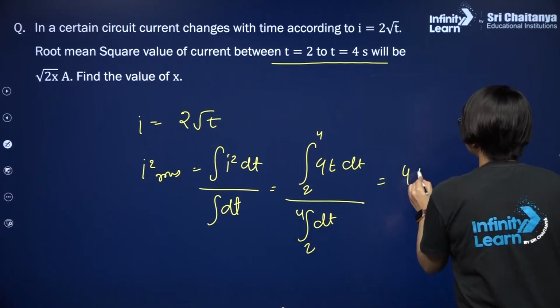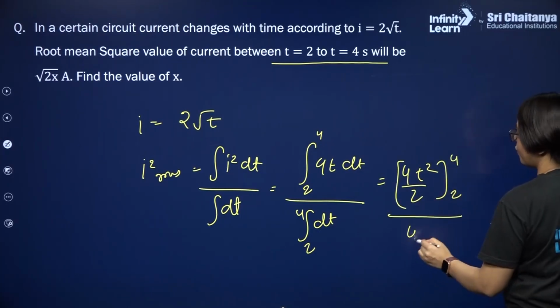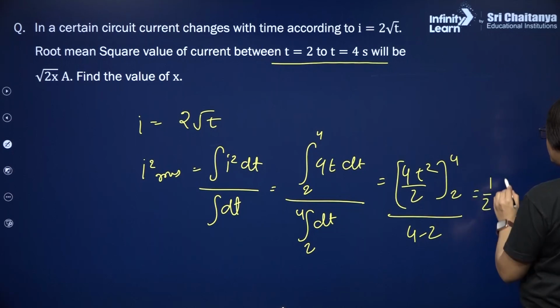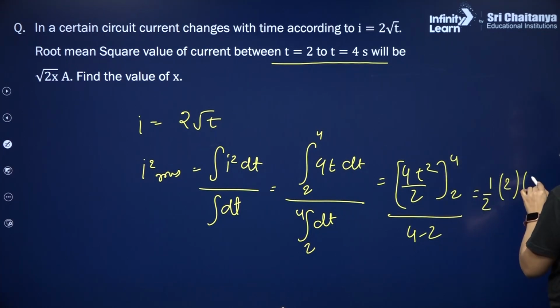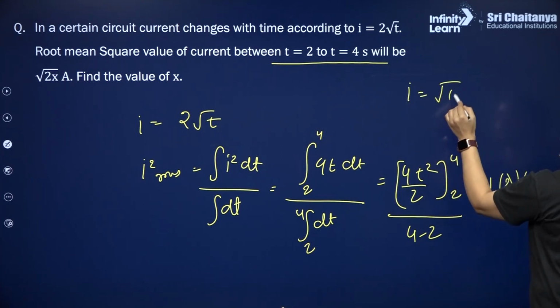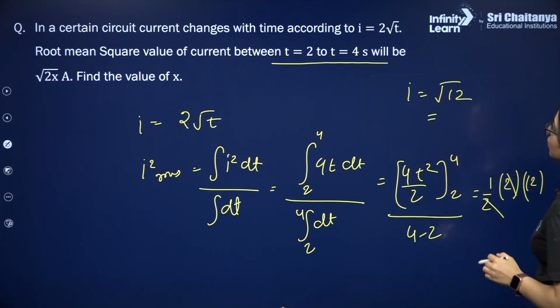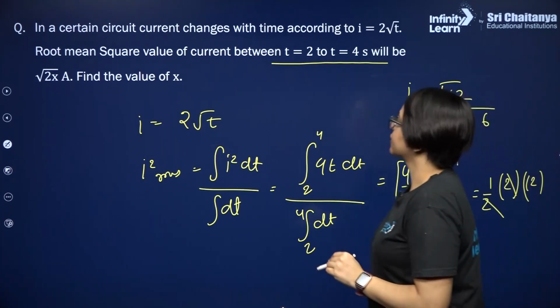So this is 4t square by 2 from 2 to 4, divided by 4 minus 2, that is 1 upon 2 into 2t square, 16 minus 4, that is 12, right. So I square RMS is 12. So I RMS is under root 12, which is equal to under root 2 into 6. So x will be 6.